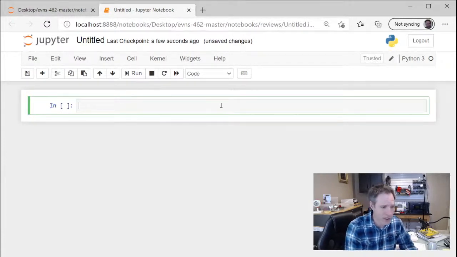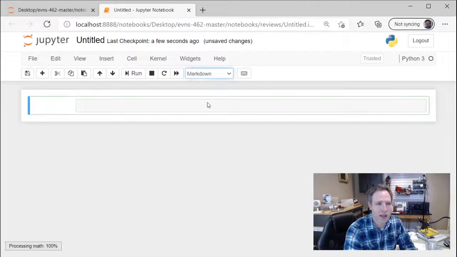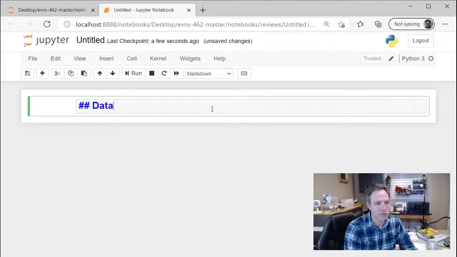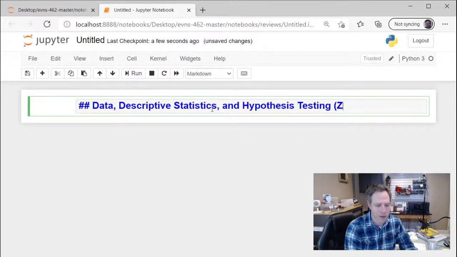So this first exam is all about data, different types of data, different types of data scales, descriptive statistics, and hypothesis testing, but it's very narrow in scope.